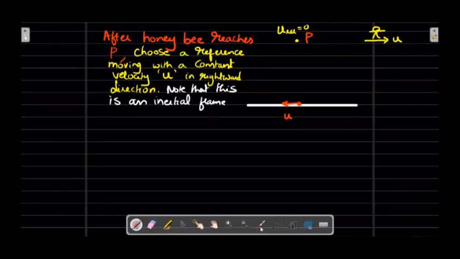A particle starting at rest has to chase this particle in shortest duration with a highest possible acceleration of a naught. So in this reference frame, that has to move along a straight line to catch up that position in a future position here. So this has to travel to some position here, and this has to travel along a straight line with a constant acceleration and reach this position.